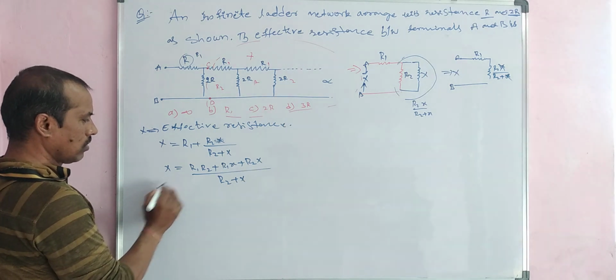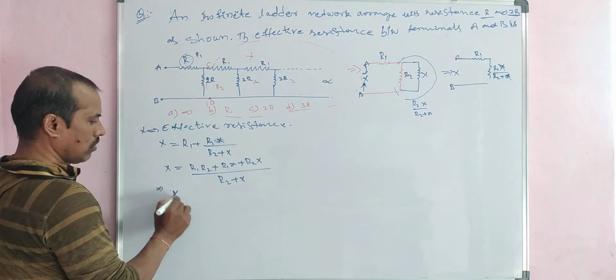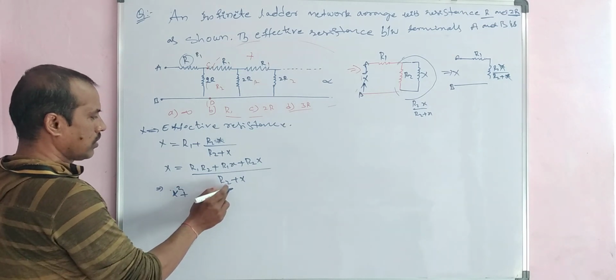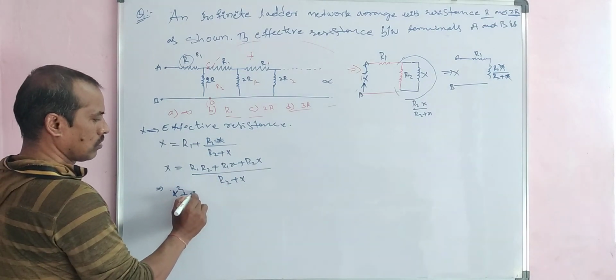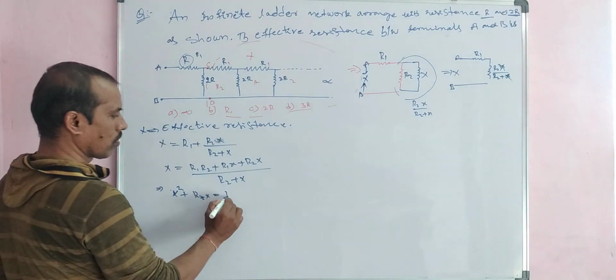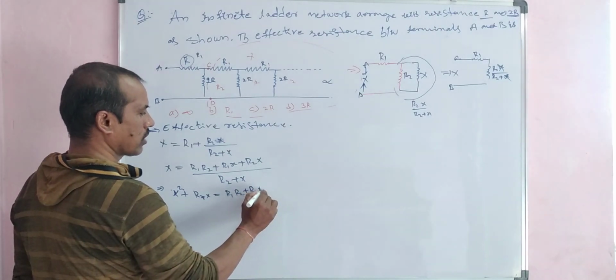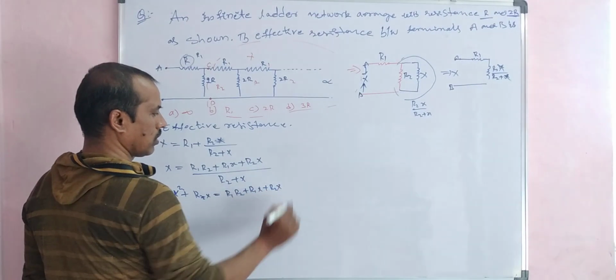Cross multiplication: X into (R2 plus X) gives X square plus R2X, equal to R1R2 plus R1X plus R2X.